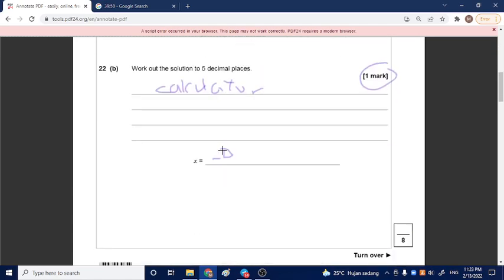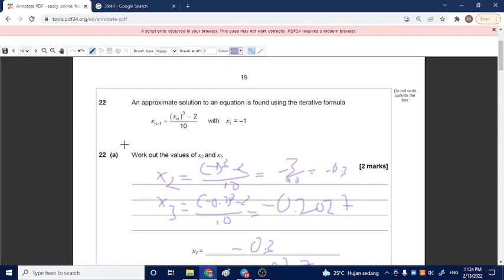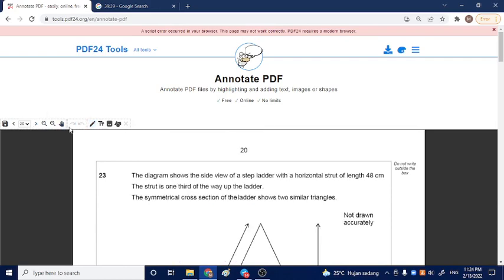After a few presses only, we have 0.20081, five decimal places.